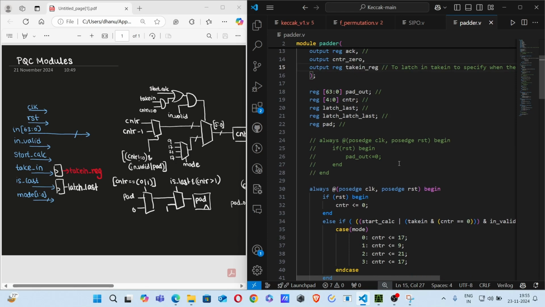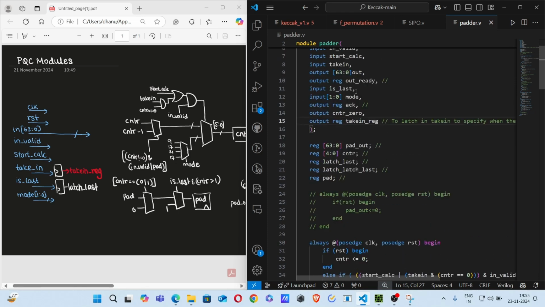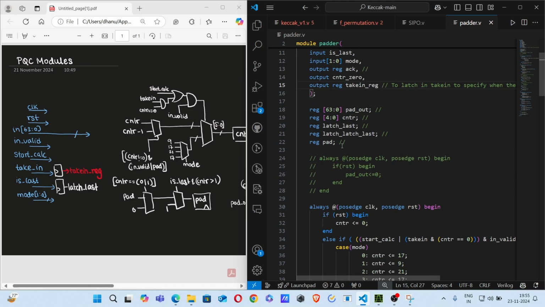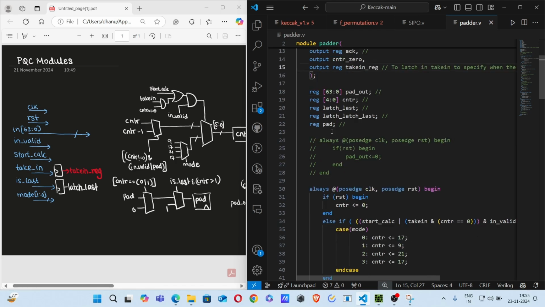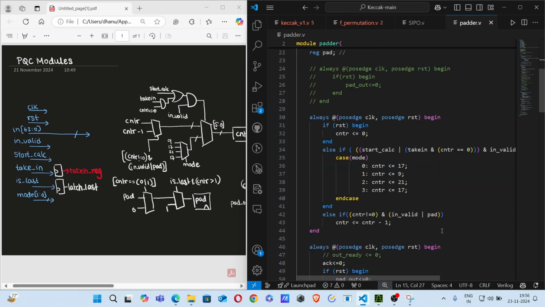There is a latch last register, which is just the latched version of isLast. Again, this was required to handle timing issues and provide a sequential delay. And then there is this register called pad. This was used to signify that further padding must be done and that the inputs are not sufficient.